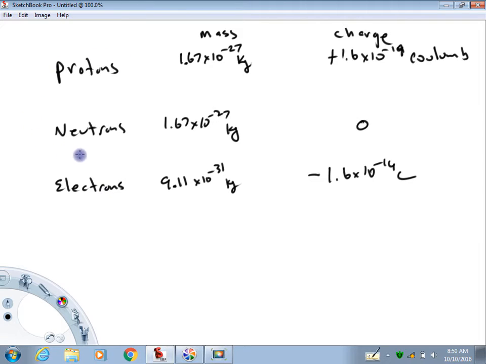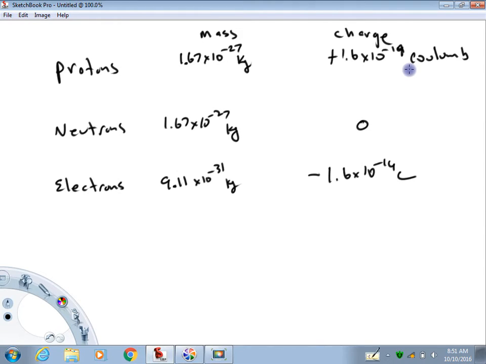The proton and the electron exhibit this repulsive or attractive property, and that's quantified by this property called charge. So the protons and electrons are what we would call charged particles. The 1.6 times 10 to the minus 19th coulombs is what's called the fundamental unit of charge.